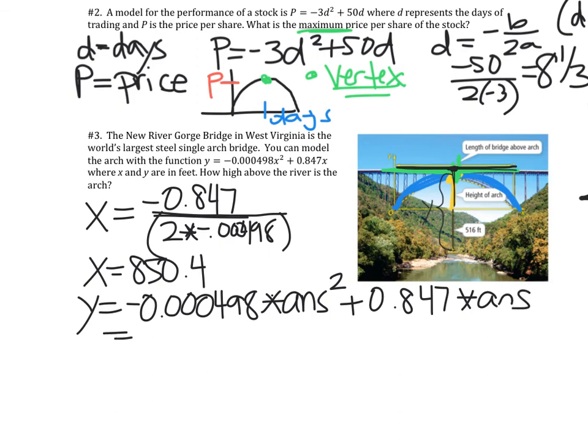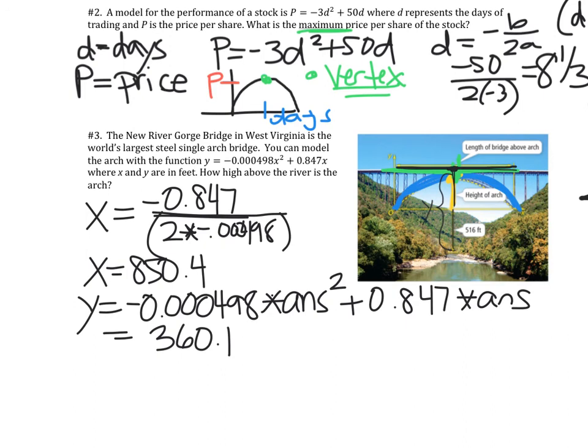Okay, it's a little shortcut. Negative 0.000498 times my answer, so second negative, don't forget to square it, plus 0.847 times second negative, which is answer. So y is 360 point, we'll go 0.1.